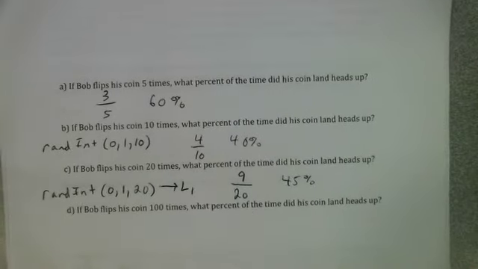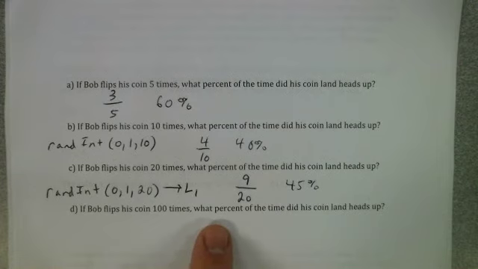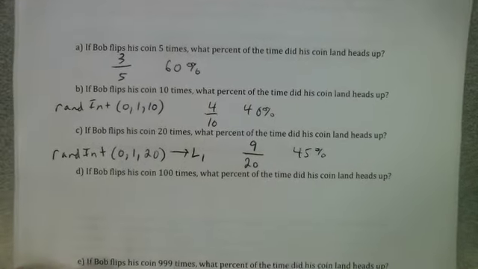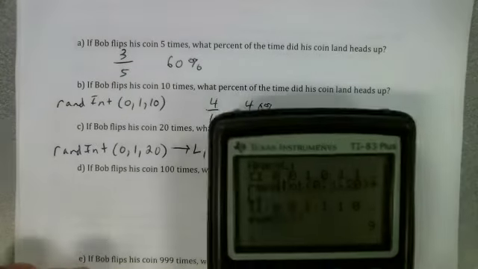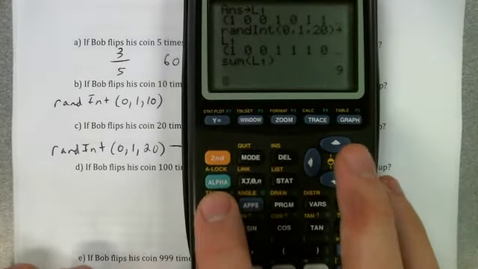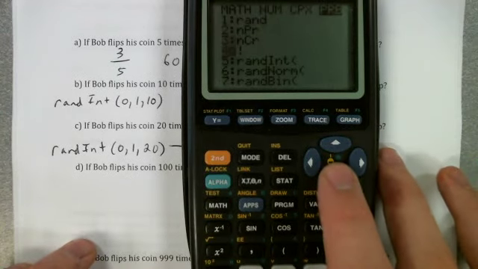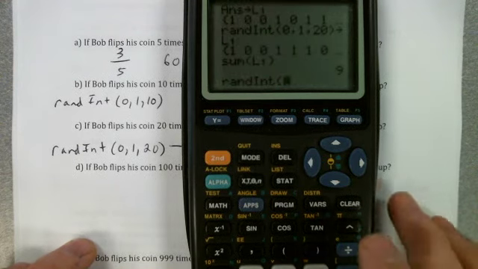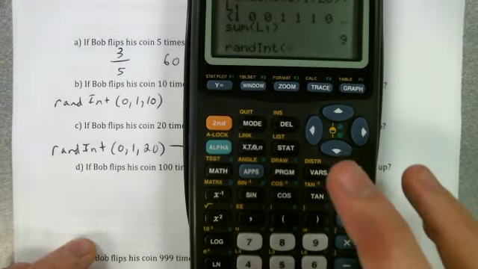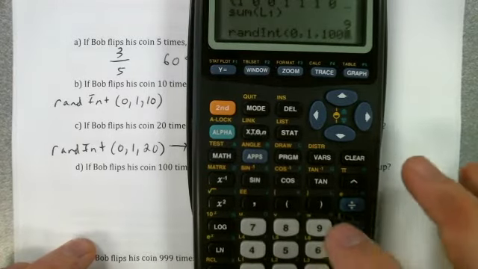Now, let's say Bob flipped his coin 100 times. I want to know what percent of the time his coin landed heads up? So this time I'm going to hit math, go over to probability, go down to randint, and I'm going to do 0, 1, 100.